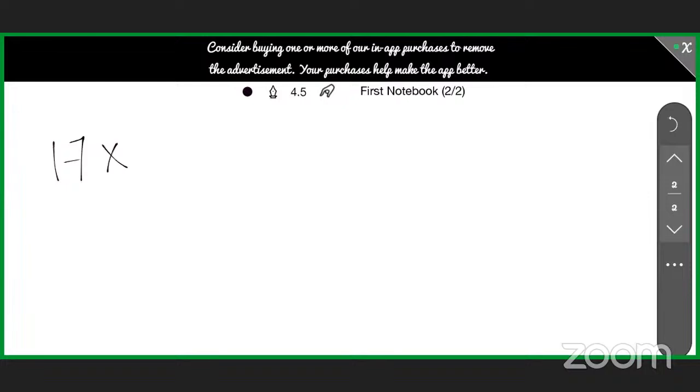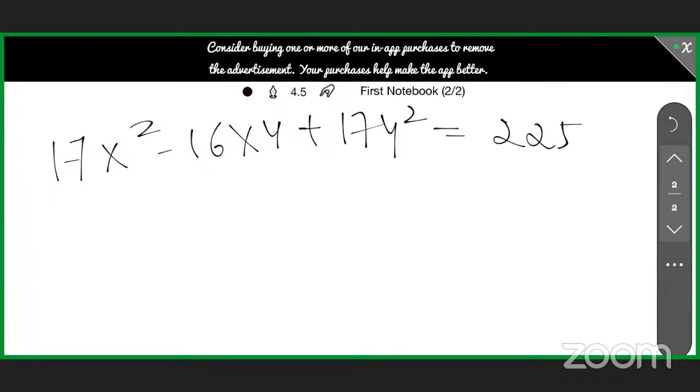17x square minus 16xy plus 17y square is equal to 225. And the angle of rotation theta is 45 degrees. Find the original equation.